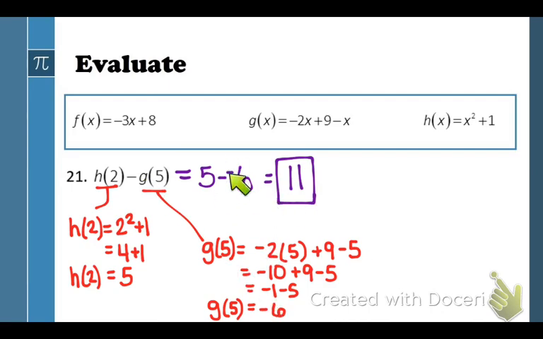What's a minus and negative? When they're back to back, what do I do with those? Make it a plus. So 5 plus 6 is 11. Okay, can't forget any negative signs. If this is a minus, it stays there no matter what. If we have a negative, it's a negative working there. Okay?